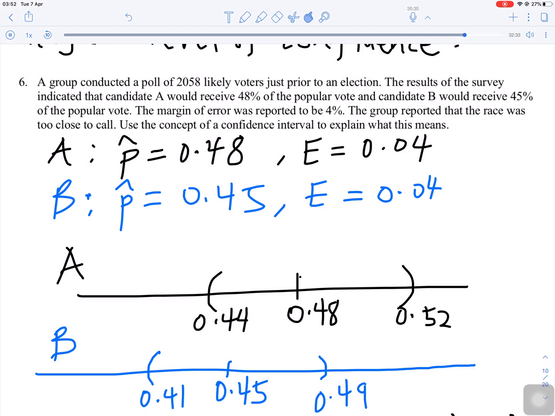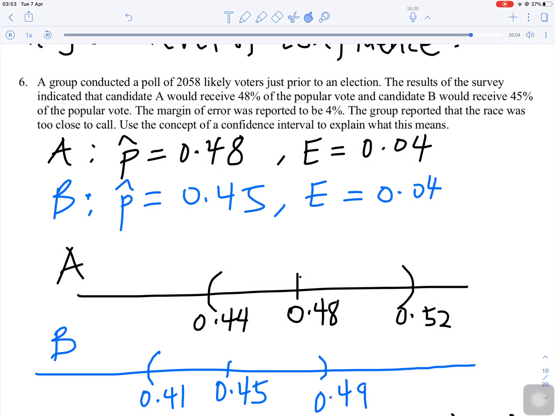The result of the survey indicated that candidate A would receive 48% of the popular vote, and candidate B would receive 45% of the popular vote. The margin of error was reported to be 4%. The group reported that the race was too close to call. Use the concept of confidence interval to explain what this means.